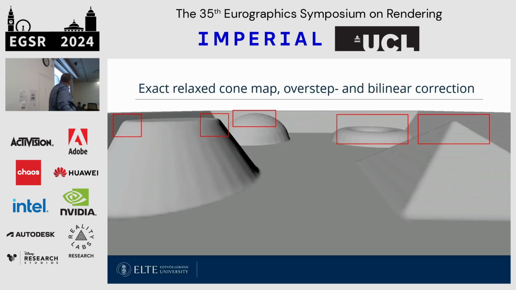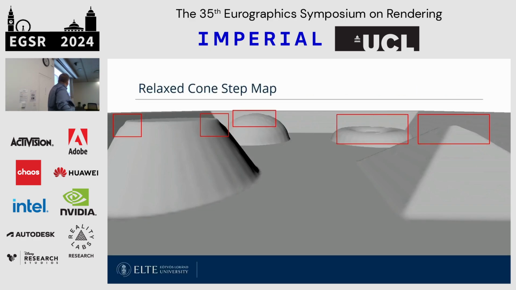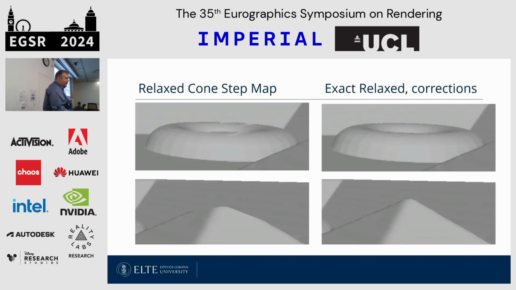If we use our exact relaxed cone map and overstep and bilinear corrections, we can see that these details are not missed anymore. So again, this is the previous relaxed cone step map, and this is our corrections and exact cone map. And these are some zoomed versions of these details.